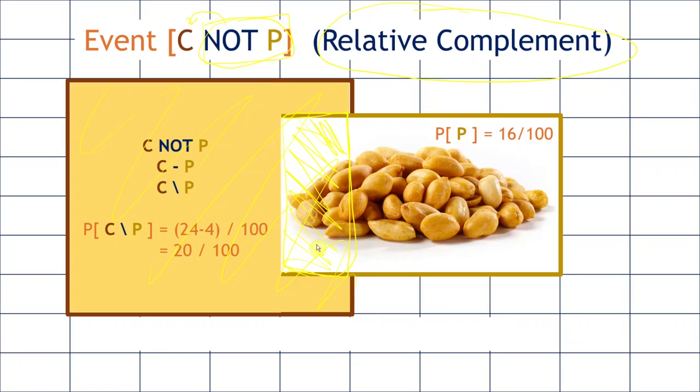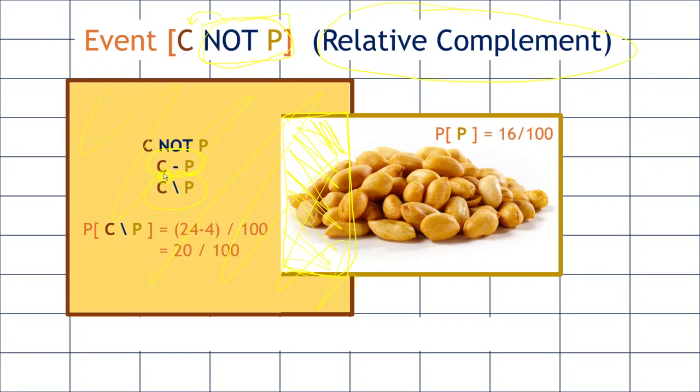And what we can calculate is we can take the probability of C and we can minus the probability of the overlap. The way to represent it mathematically is C minus P, or C backslash P right here. So these are the 2 different ways to write them.